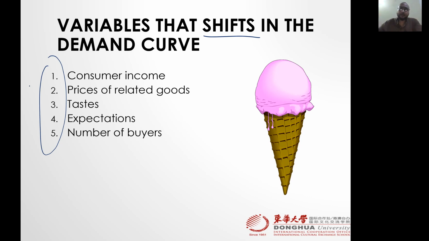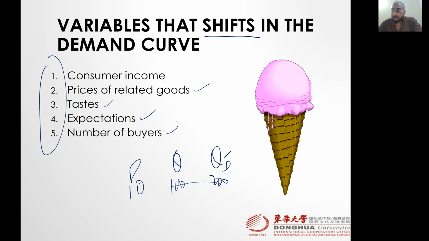Any kind of stuff that causes a new demand curve, a new quantity demanded at each price level, where price remains the same but quantity changes, we see a new demand curve, either increase or decrease. Number 1, consumer income, then price of related goods, then taste, which also includes fashion and all those things, expectations, and number of buyers. So let's see one by one.